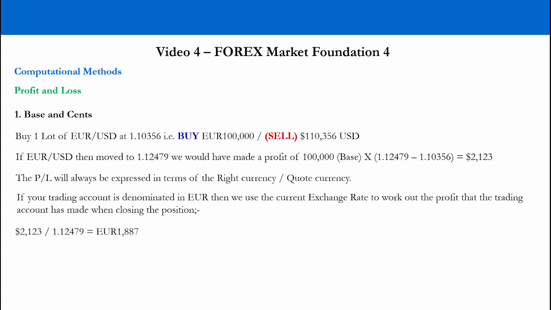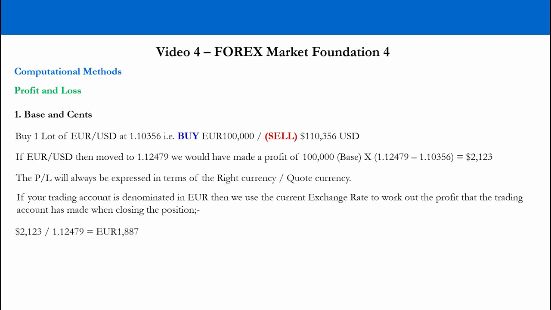The first one is base and cents. It's all pretty straightforward. Here's an example where we buy 1 lot of euro dollar at 1.10356. So in base currency terms, we're buying 100,000 euros worth of the currency pair, and in quote currency terms, we're selling 110,356 US dollars.